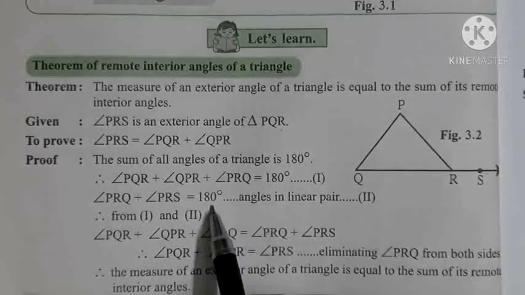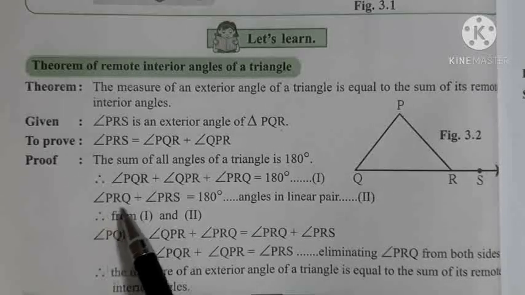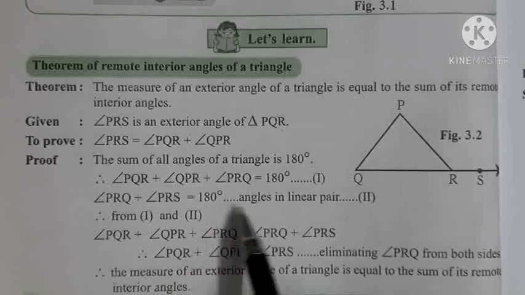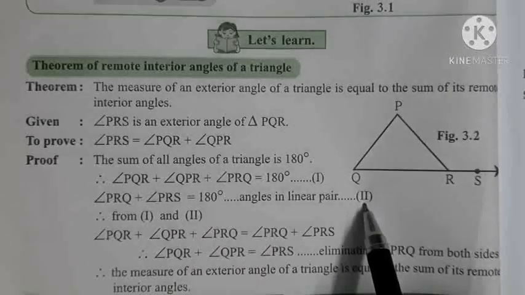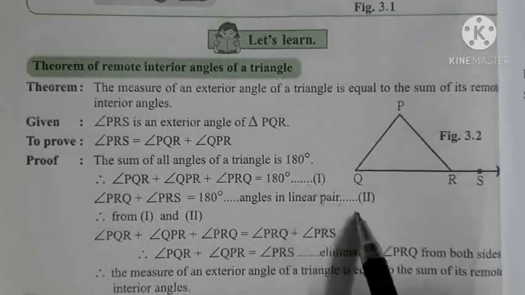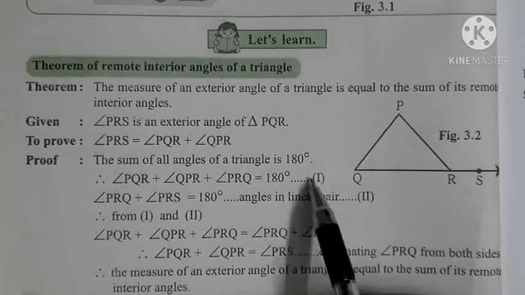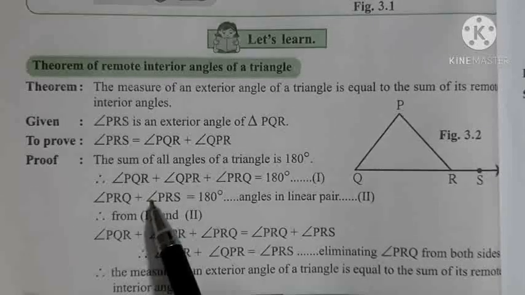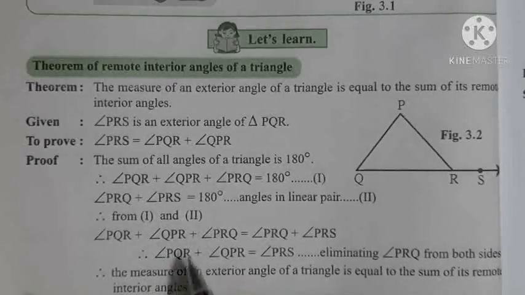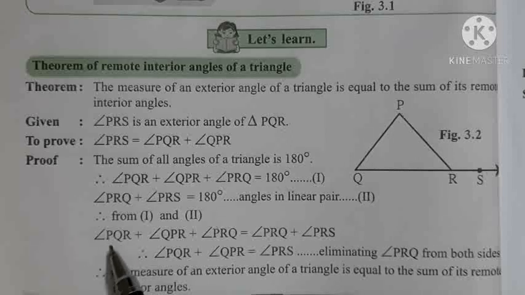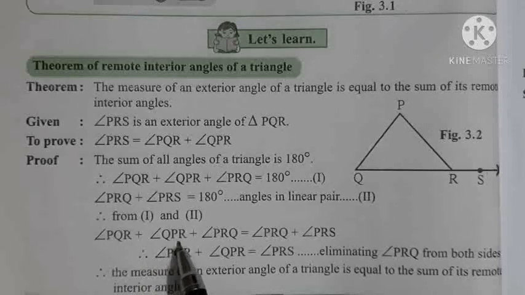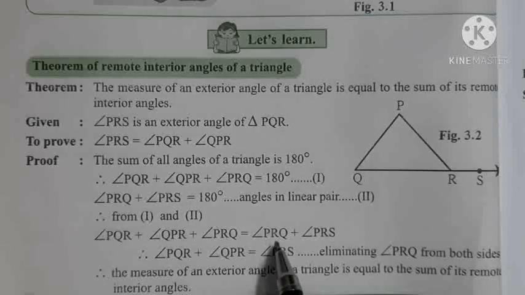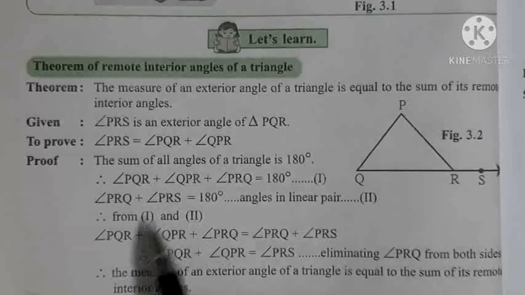Their sum is 180. Therefore angle PRQ plus angle PRS is equal to 180 degrees. This is equation second. From equations first and second, their right hand sides are equal, 180, 180. Therefore, their left hand sides are also equal. Therefore, angle PQR plus angle QPR plus angle PRQ is equal to angle PRQ plus angle PRS.